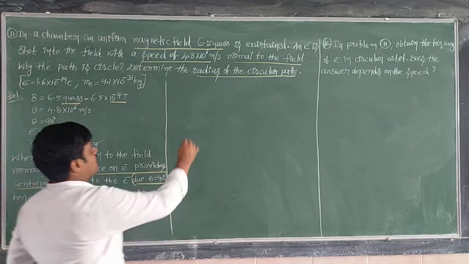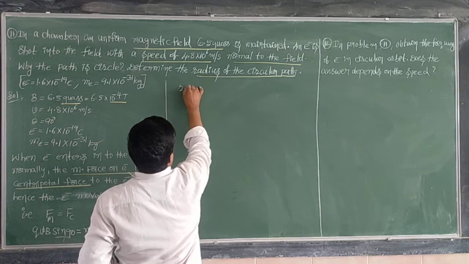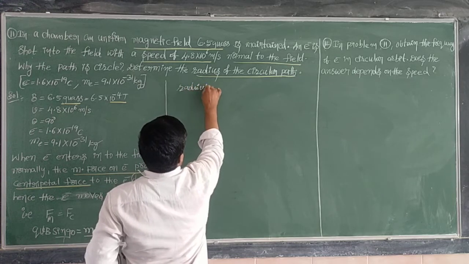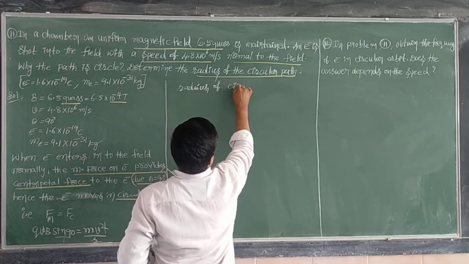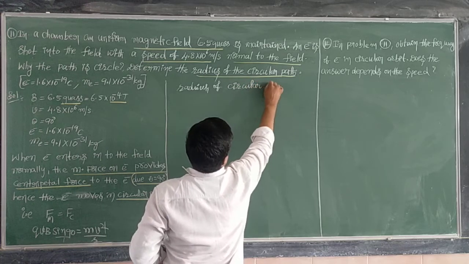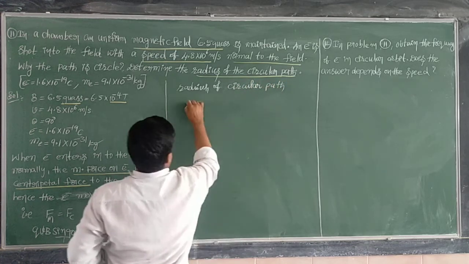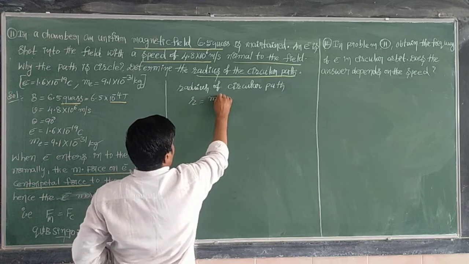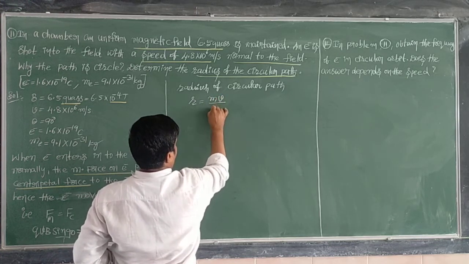So from this, the radius of the circular path, r, we can write as mv divided by qB.